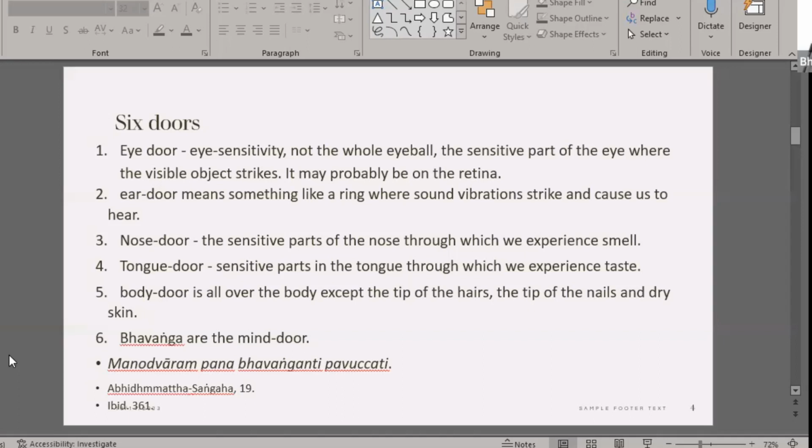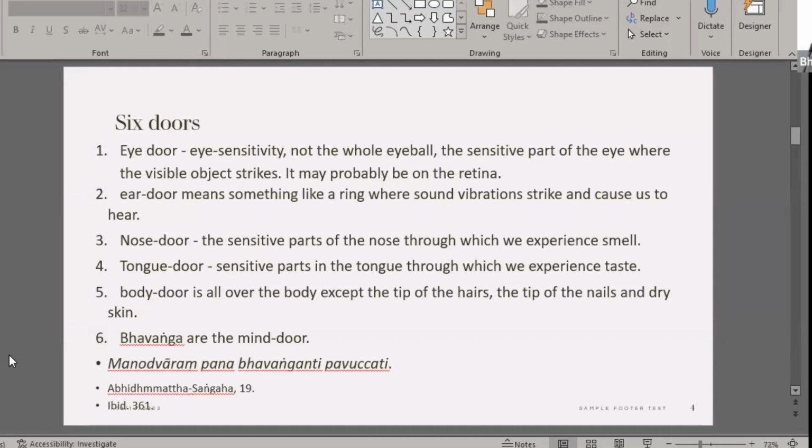He gives an idea that eye sensitivity should be on the retina. It is the sensitive part of the eye where the visible object strikes, not the entire eyeball. It's inside. That would be the sensitive place for visible objects.